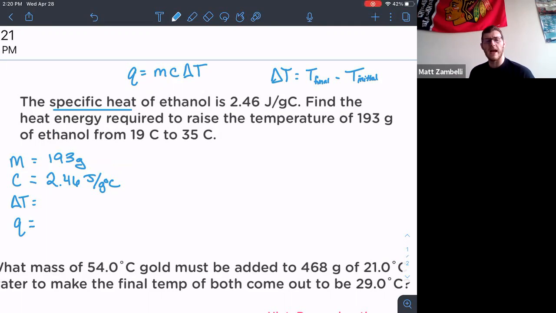And it can be negative if we decrease in temperature, so we get colder. But in this case, we're getting warmer, going from 19 to 35 degrees Celsius. So to find our delta T, we're going to take our 35 degrees Celsius minus our 19 degrees Celsius. Let's just find that part right now.